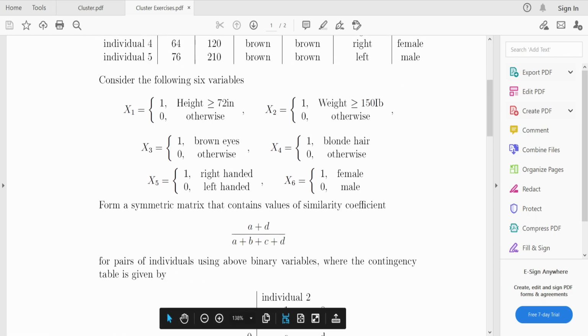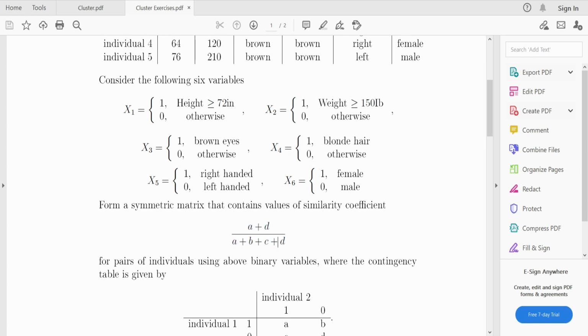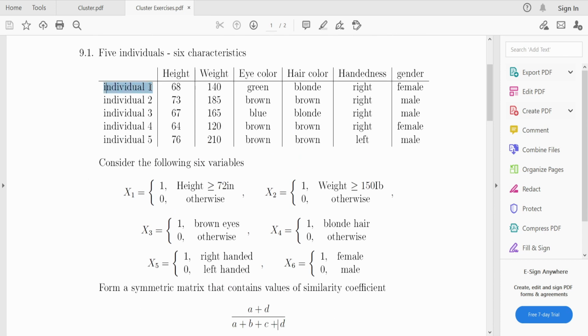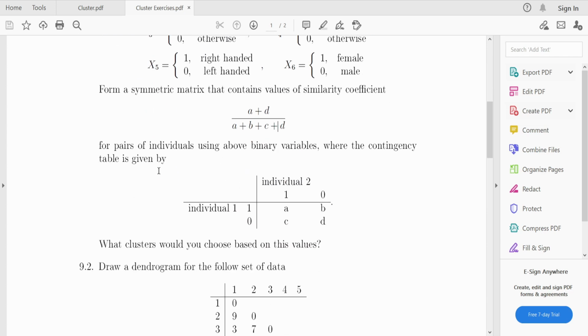What are those similarity coefficients? In table 12.1, you can see many different similarity coefficients. But what we need to introduce first is, for the individuals, for example individual 1 and individual 2, we need to create a contingency table.